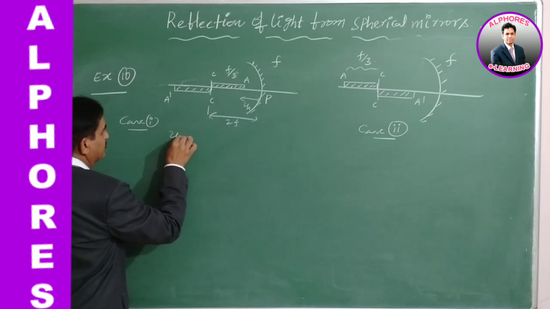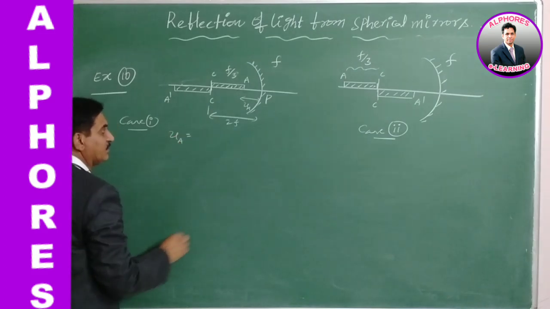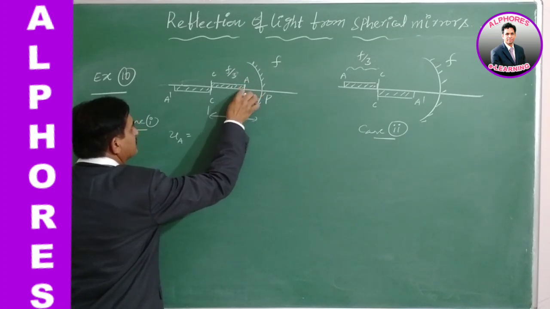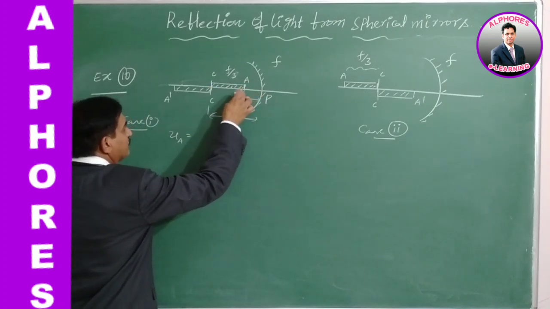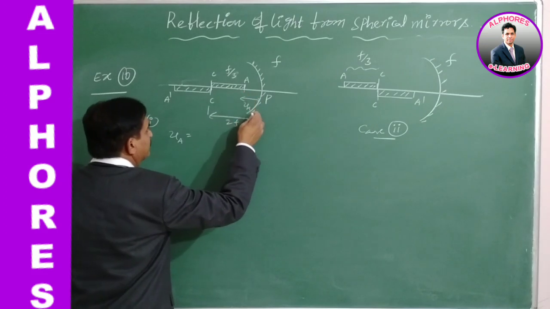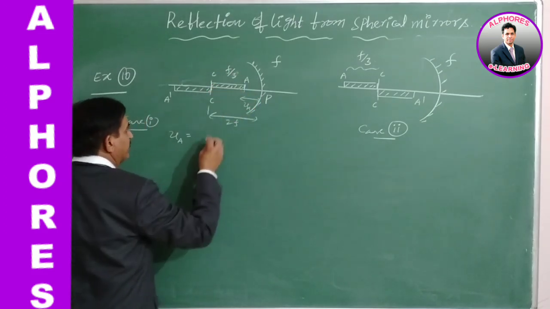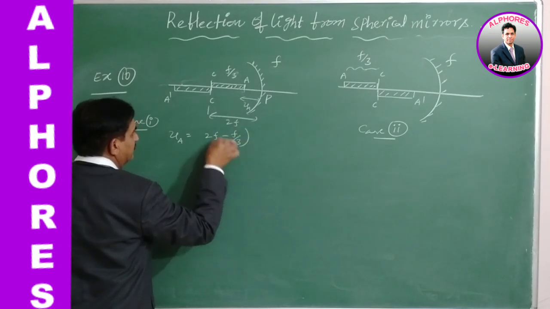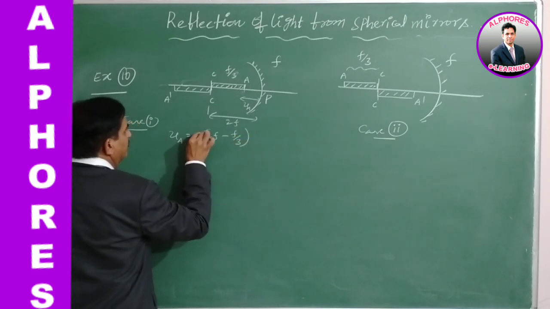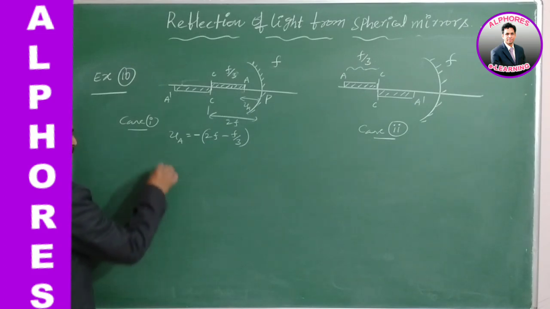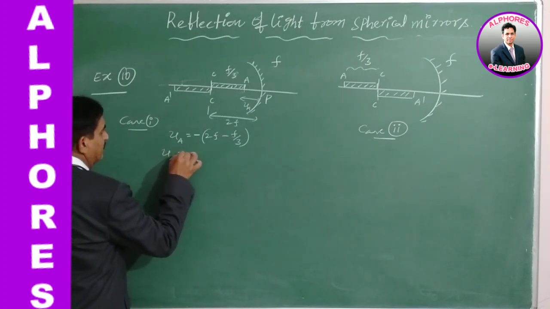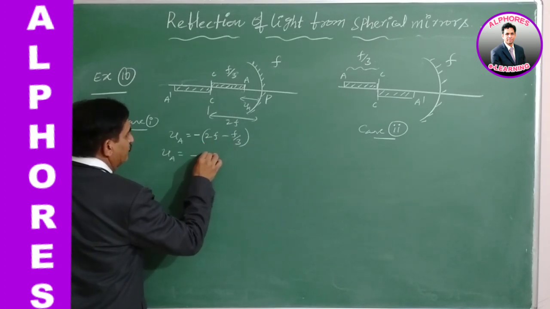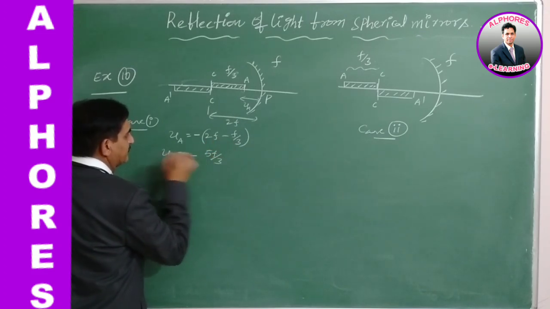UA can be calculated from 2F minus f by 3. If we consider sign convention, UA is equal to minus 5f by 3.